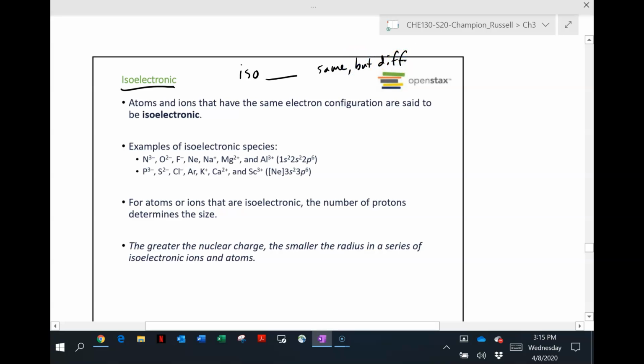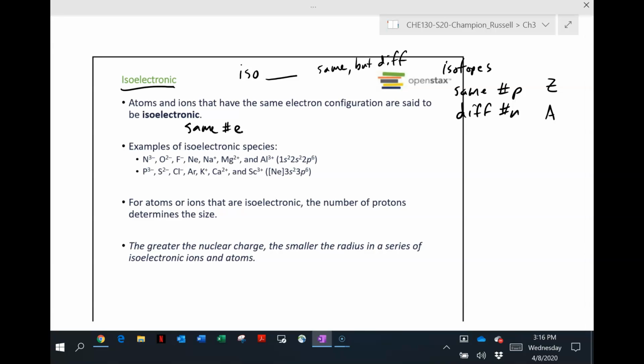So isotopes, I-S-O-T-O-P-E-S, have the same number of protons and a different number of neutrons, which means they have the same atomic number and a different mass number. So isoelectronic means that they have the same number of electrons, but they might have a different number of protons. So there are some examples here of isoelectronic species.